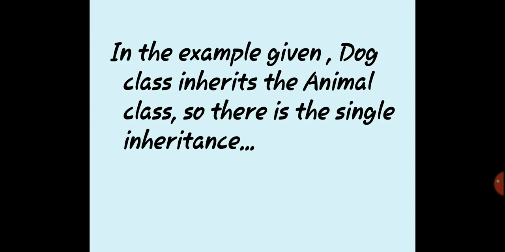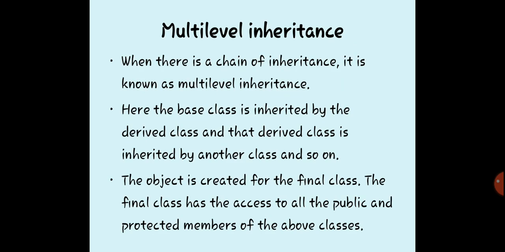Then multi-level inheritance. Multi-level inheritance is where inheritance is done in steps. 1 is derived by 2, 2 is derived by 3, 3 is derived by 4, and so on. So this is multi-level. Inheritance is done in levels, that is multi-level inheritance. And the concepts of access are the same.